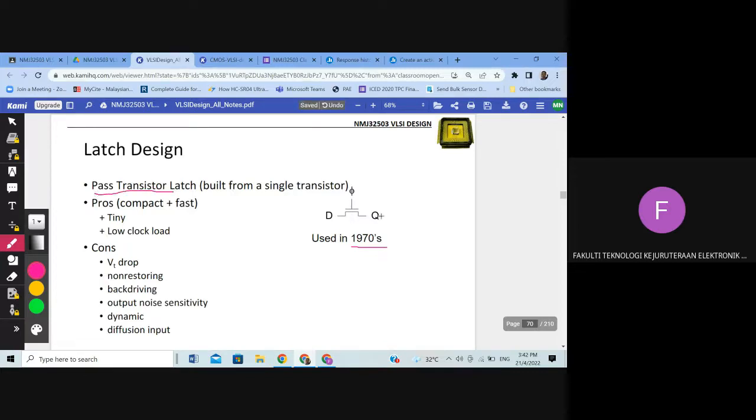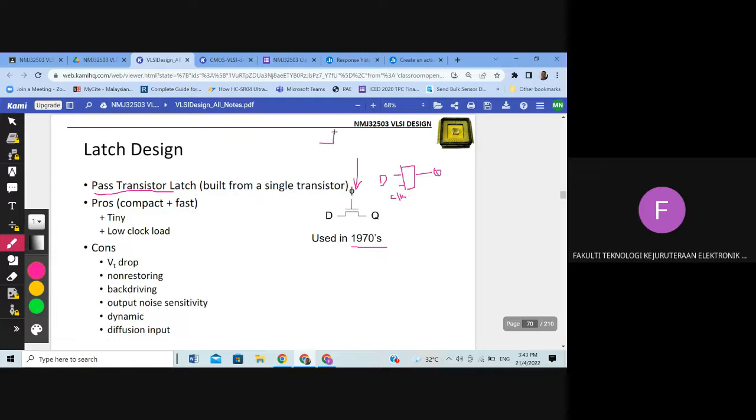Remember the latch, we have D, then we have Q, and then we have a firing signal, which we call the clock. Q will become an output if this enables the data to transfer, depending on the clock.